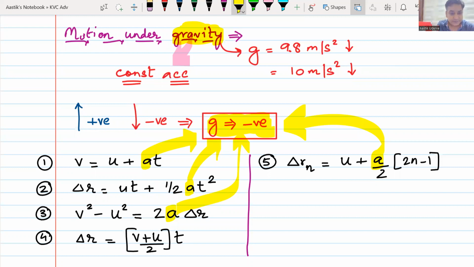I'll give you 1 minute to note this down, and then I'll give you small cases, and I would want you to remember those cases. If you remember those cases, it would become very easy for you. So I'll give you a minute to note it down.